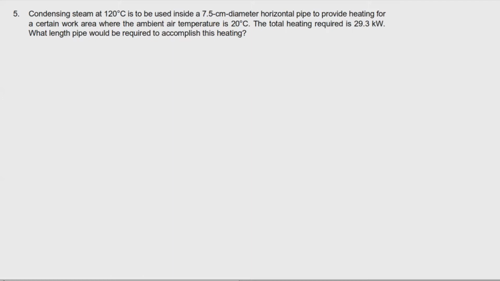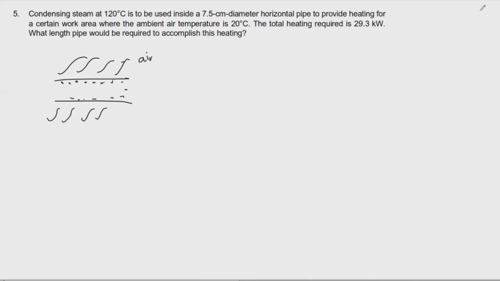this steam that is condensing along the horizontal pipe. But if we give the conditions here, we can imagine this pipe, and then there's this steam here that's slowly condensing, and then it is exposed. This pipe is exposed to the environment, which is the air.